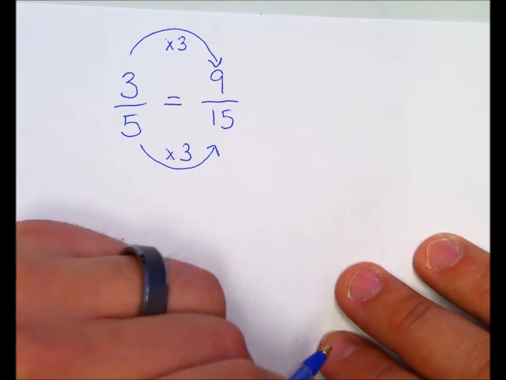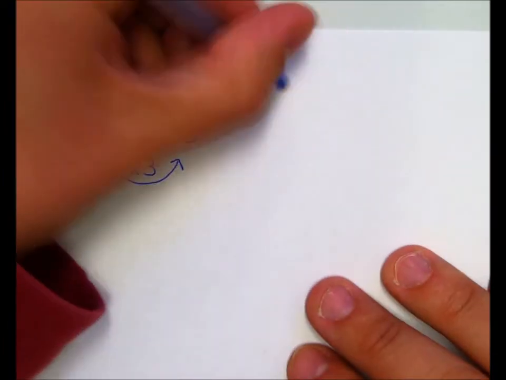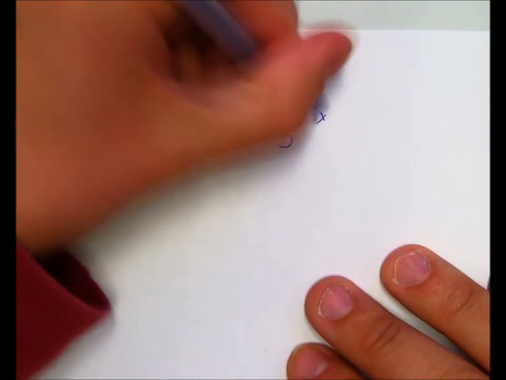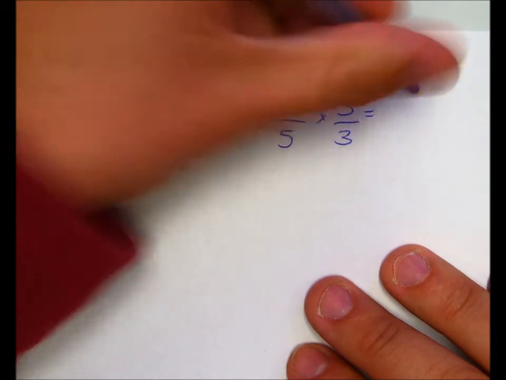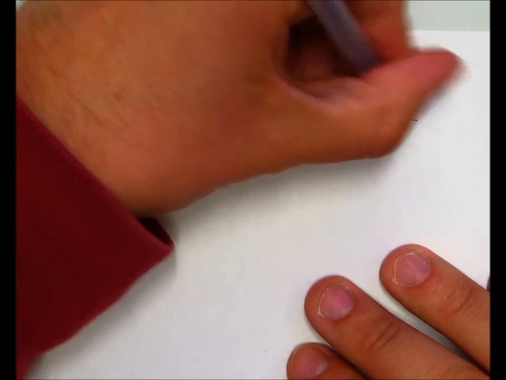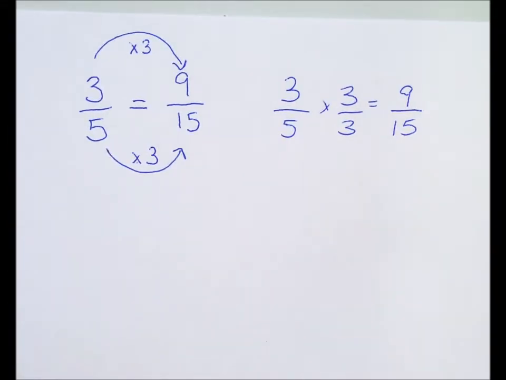So that's how we normally represent it in grade 6. Either way is fine. If you want to do it like this, 3 over 5 times 3 over 3, you're certainly more than welcome to, if that makes more sense to you, but either way is absolutely fine.